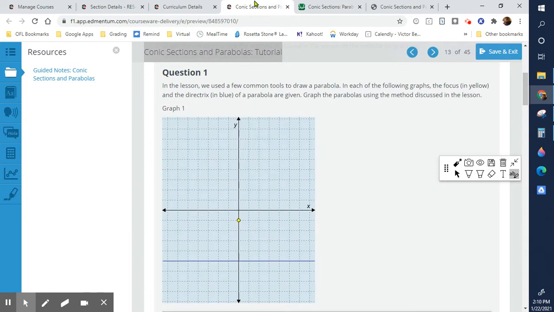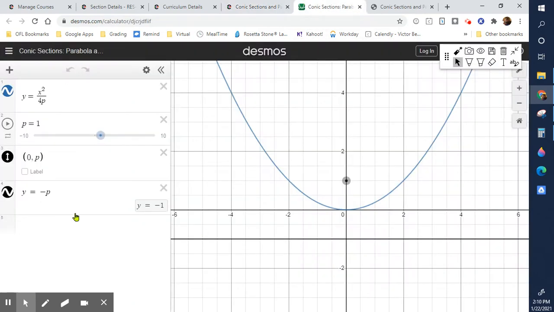If that's the x-axis, I actually think this might not work now that I'm looking at it, but here's hoping. So the directrix is 1, 2, 3, 4, 5. So the directrix is at -5.